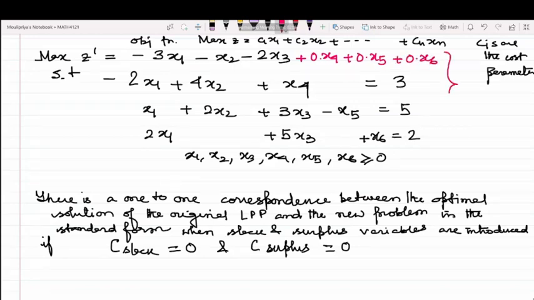So this is all about the original problem being recasted to its standard form. Am I okay with this?